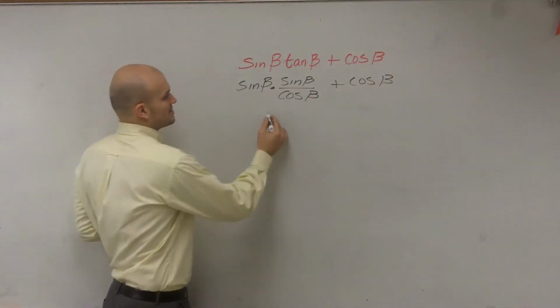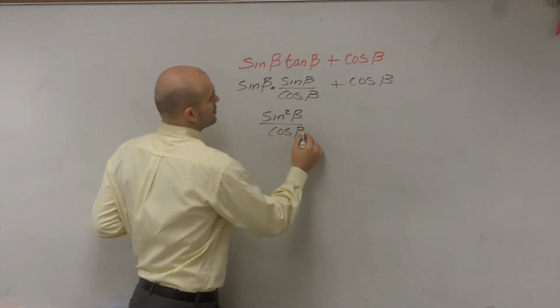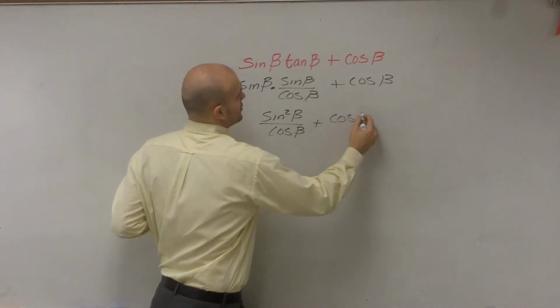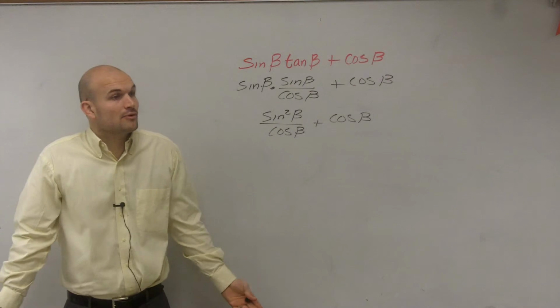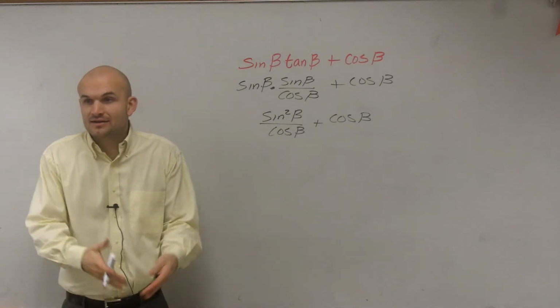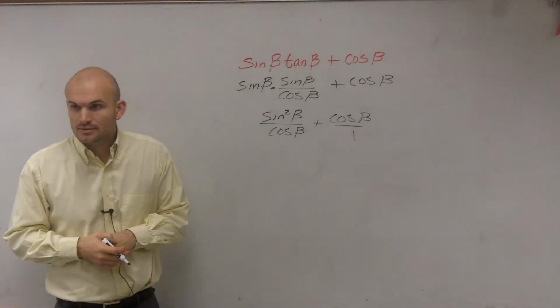Well, if I multiply across here, now I have sine squared of beta over cosine of beta plus cosine of beta. Now, if I wanted to add these two together, the main important thing when you add fractions is they have to have exactly the same denominator. So I could write a denominator of 1 over here.